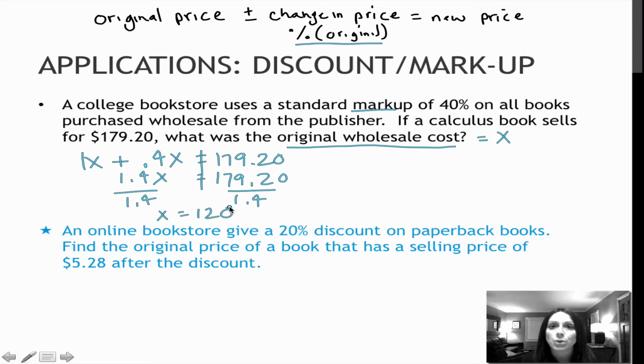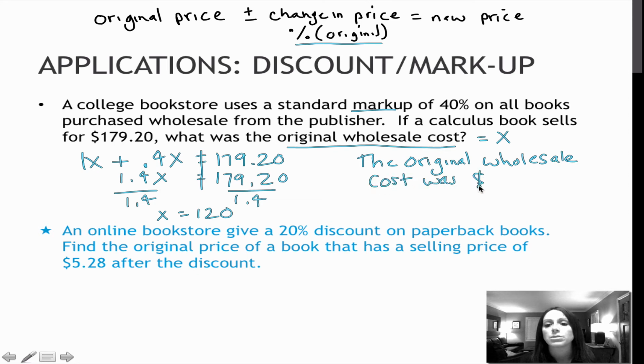So again, this is a story problem. It's good to write a sentence. So the original wholesale cost was $120. And that's it. Go ahead and try that other one and then press play to see how you did.